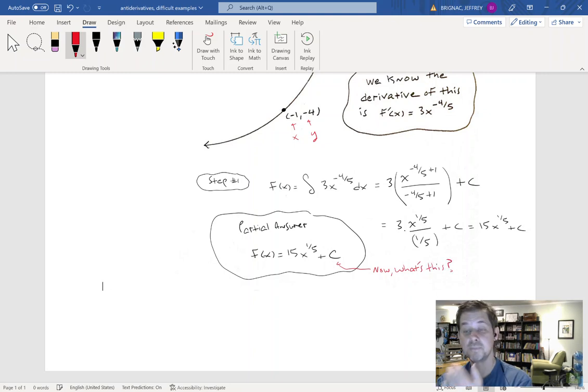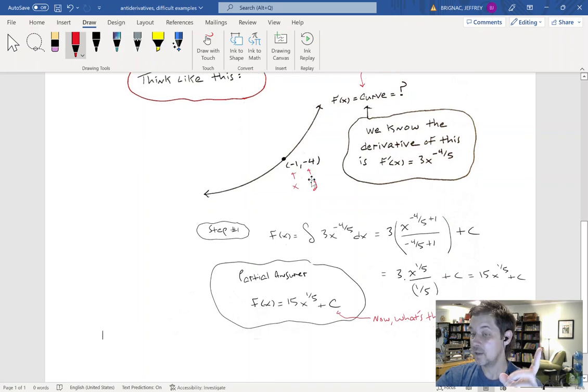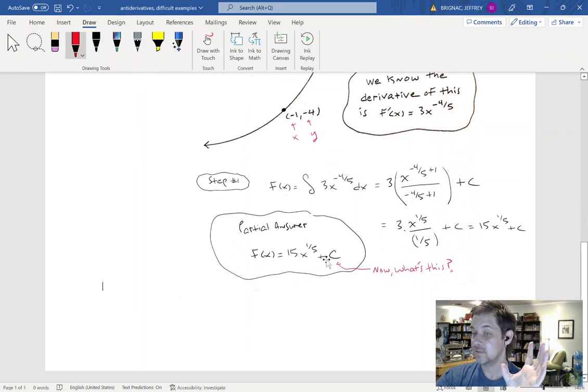Well, that's where this known point comes in. Because think about it: if this point is on that curve, that means for this function, if you put -1 for x, you will get -4 for y. I can use that information to find this constant of integration.